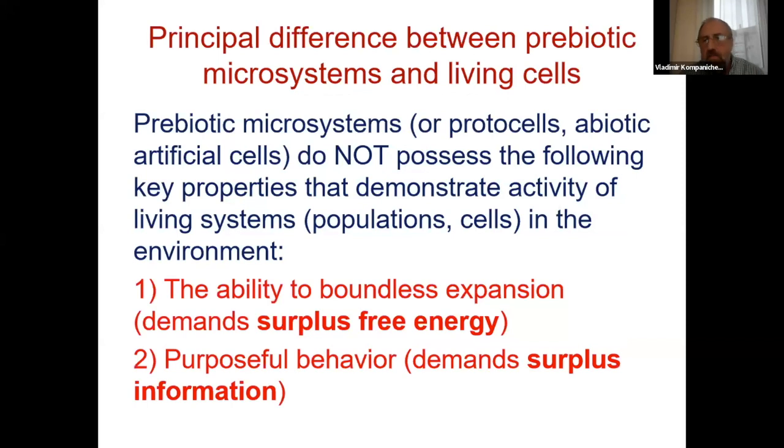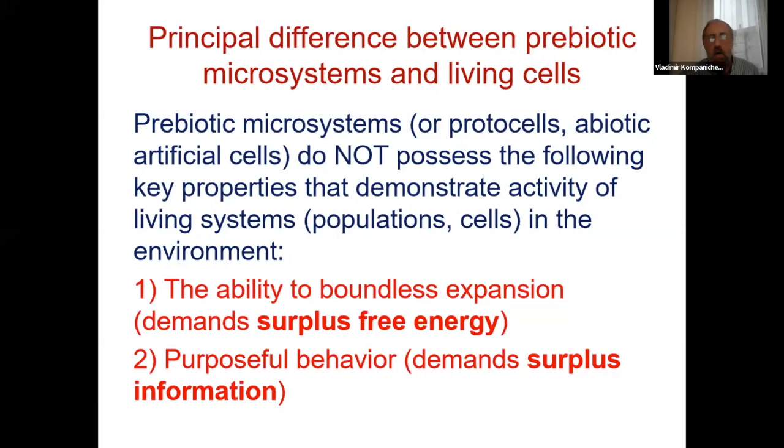Further, this evolution does not move ahead in the direction of life because this model does not possess two key abilities, two key properties that demonstrate activity of living systems in the environment. First, the ability to boundless expansion, and second, purposeful behavior.